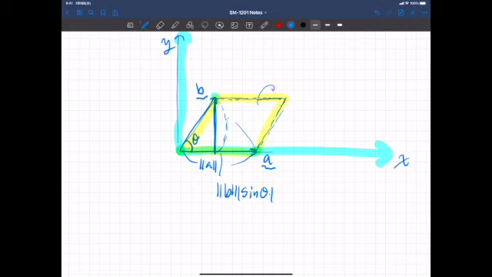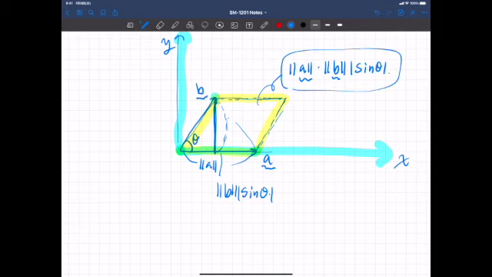So this area is the length of the base times this height, that is A modulus times B modulus times the modulus of sine theta. So this is the area of this shape. This theorem says the length of A cross B is the same as this area.